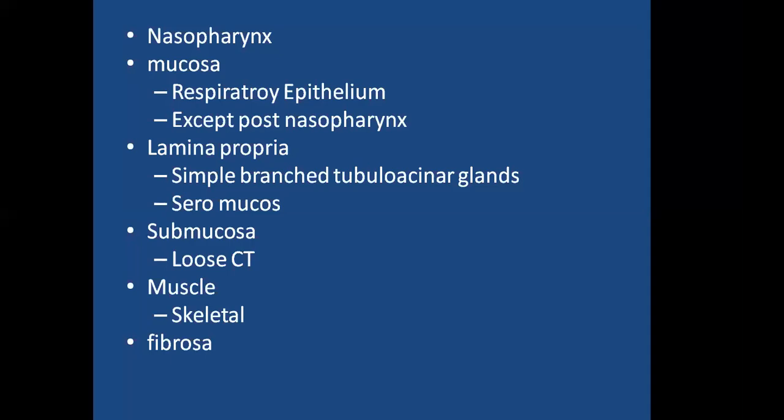Then there comes the submucosa, which is loose connective tissue. After the submucosa, there is the muscle layer, which is skeletal, and that is why it is different from the rest of the GIT, where the muscle layer is smooth muscle. Outer to the muscle layer, there is the fibrosa, which consists of fibrous connective tissue.